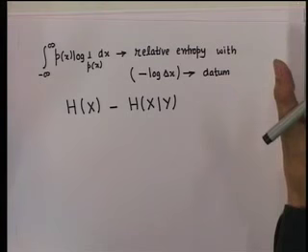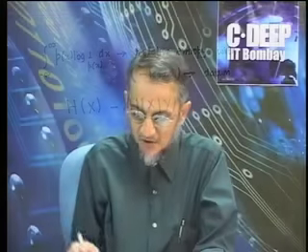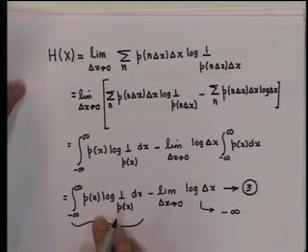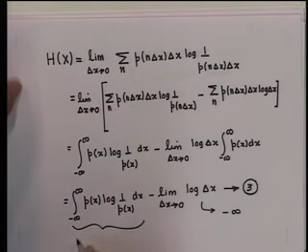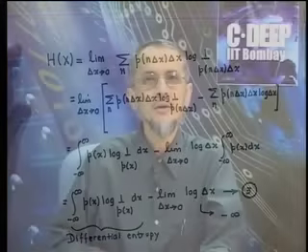So, we are therefore justified in considering the first term in equation 3 as the relative entropy of x, or sometimes it is also known as differential entropy of x. We must, however, remember that this is a relative entropy and not absolute entropy. Failure to realize this crucial point generates many apparent fallacies.